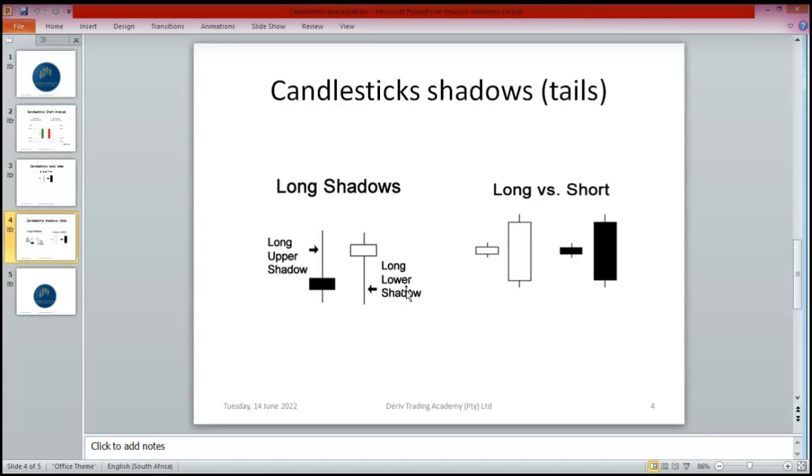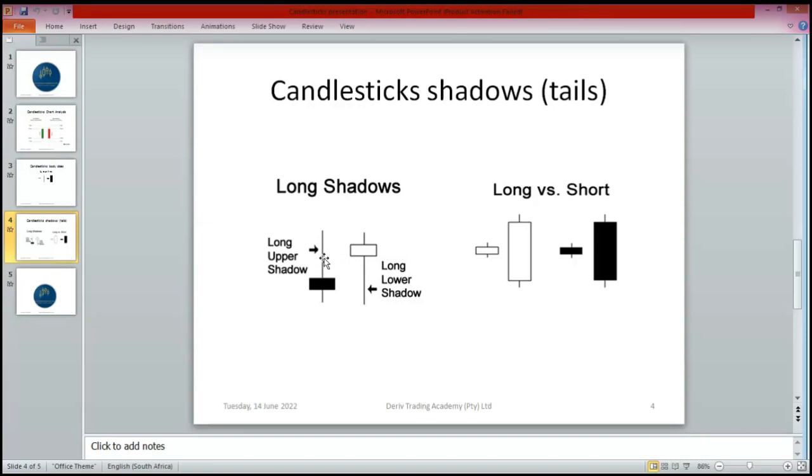Now, the upper and lower shadows give us important information about the trading session. The upper shadows signify the session high. The lower shadows signify the session low. Candlesticks with long shadows, like these two, show that trading action occurred well past the opening price and the closing price.